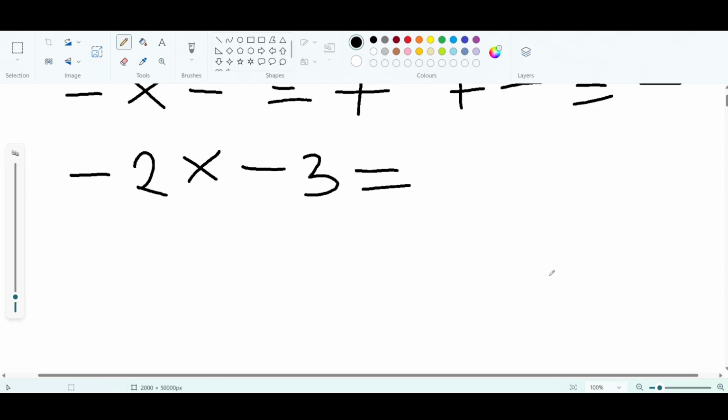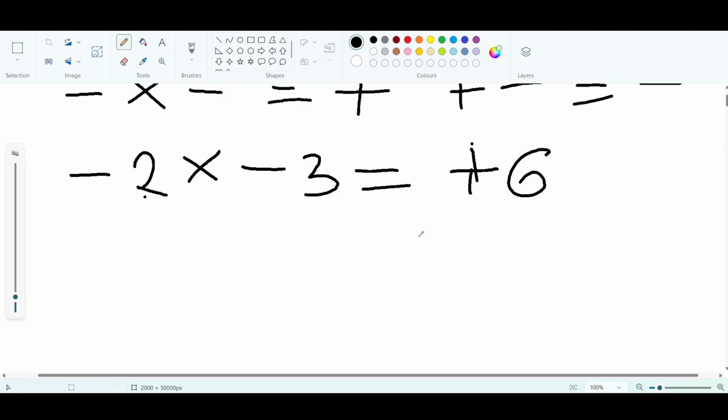You multiply the minus signs, and the answer is going to be plus. That's 2 times 3, which is 6, right?